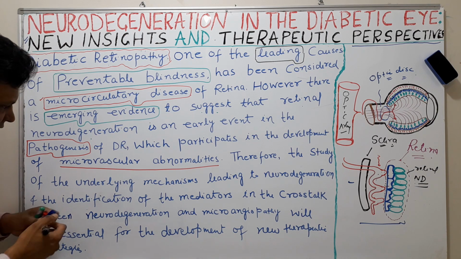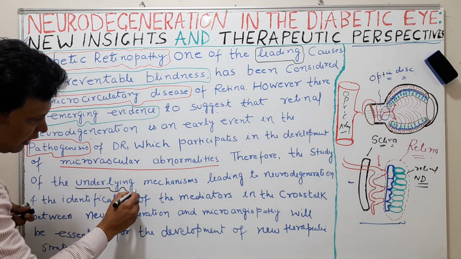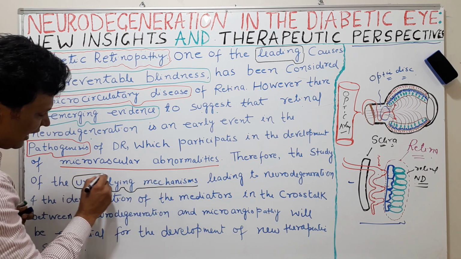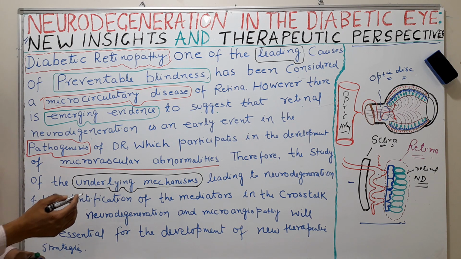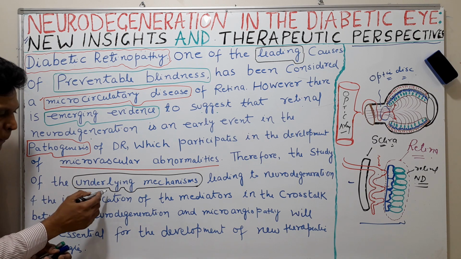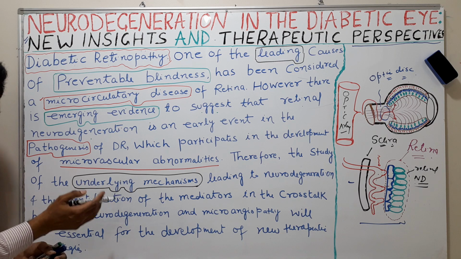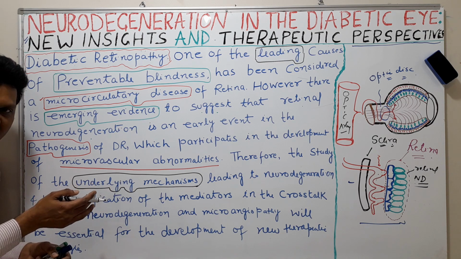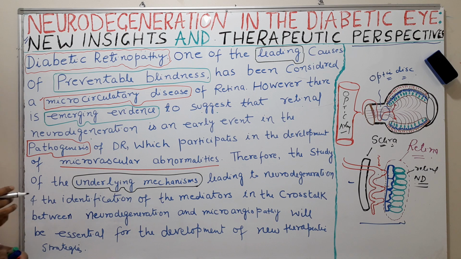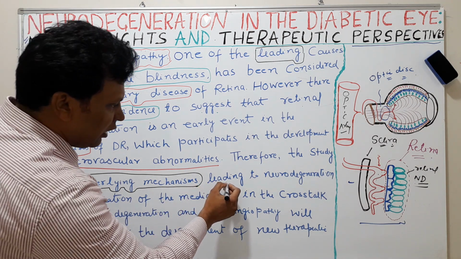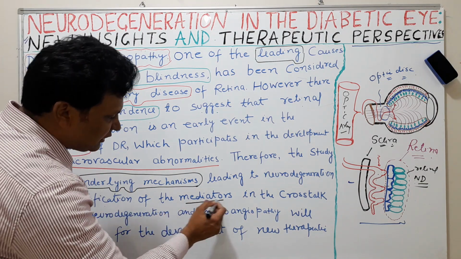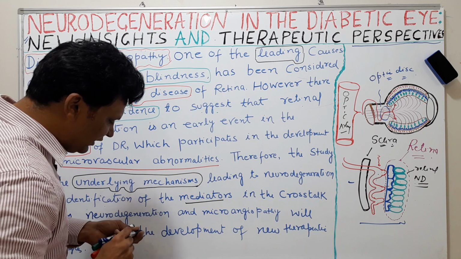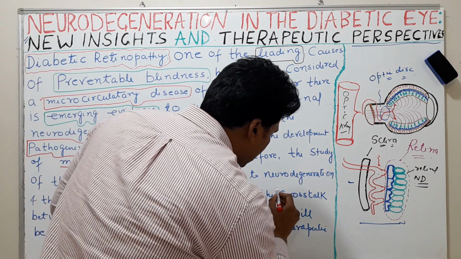Underlying mechanism means you need to understand the underlying current, looking beneath the surface to understand the fundamental way things happen or function, leading to neurodegeneration, and identification of the mediators in the crosstalk.